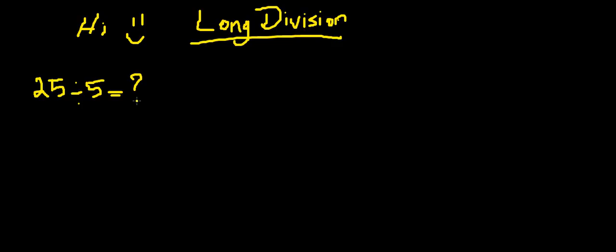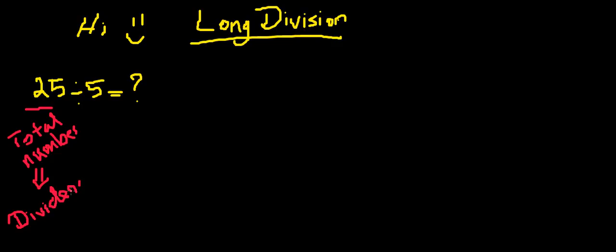Before we go ahead, we also need to look at what each number means. 25 is the total number in division, and in math language this is called the dividend.